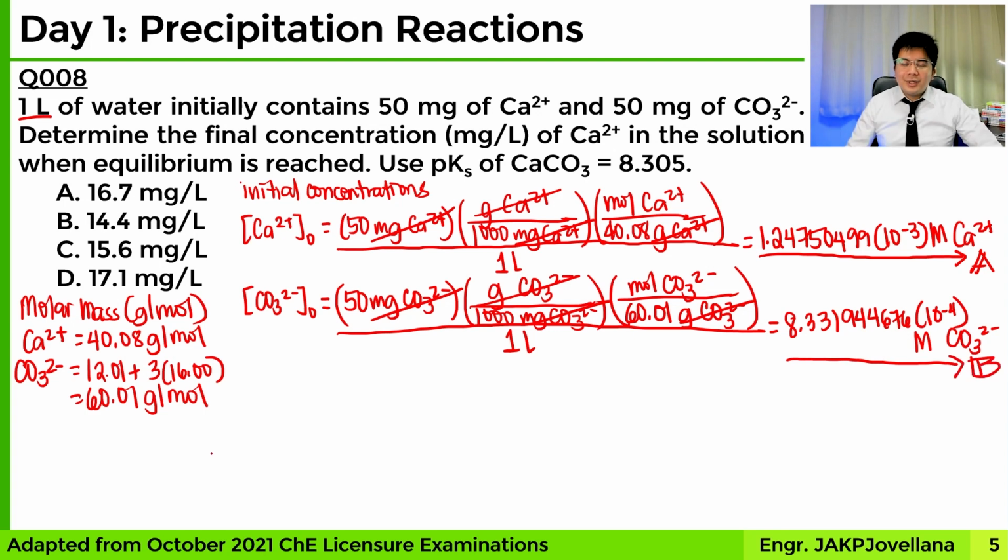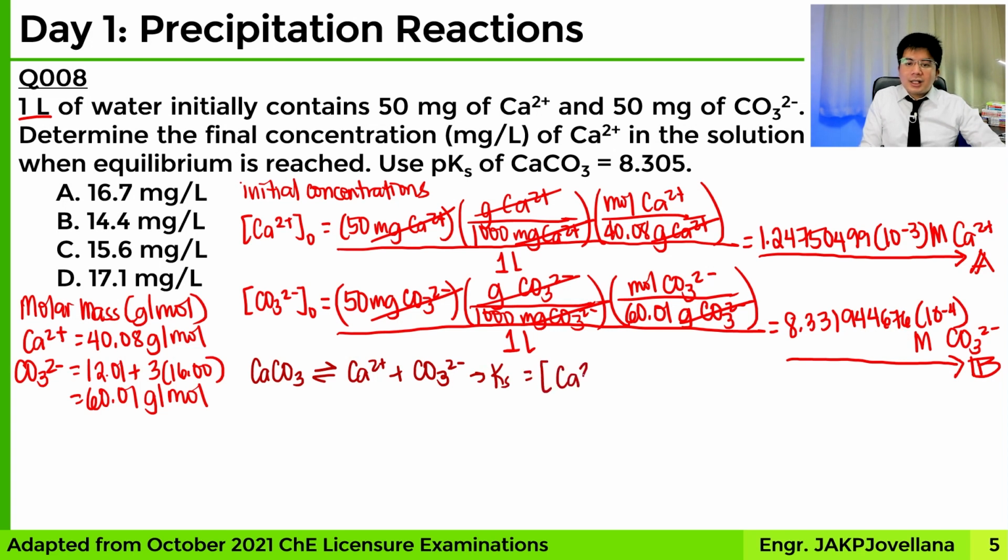In this system, the precipitation of calcium carbonate is an equilibrium reaction, which can be expressed as calcium carbonate, CaCO3, reversible with Ca2+ and carbonate ion. We can also express its solubility product, Ksp or Ks, as the product of their concentrations at equilibrium.